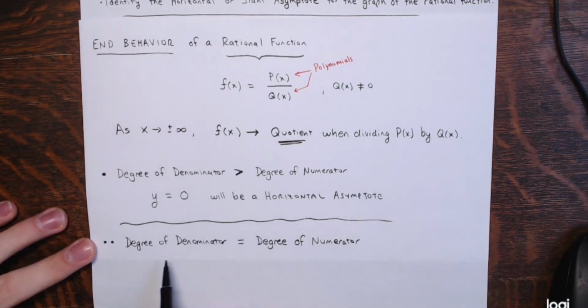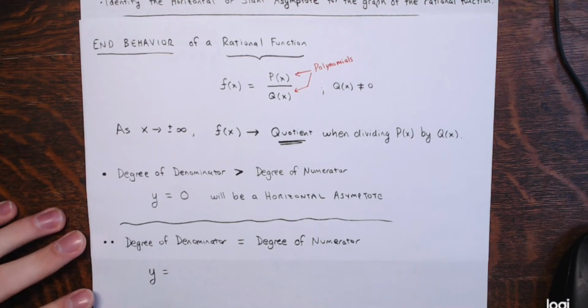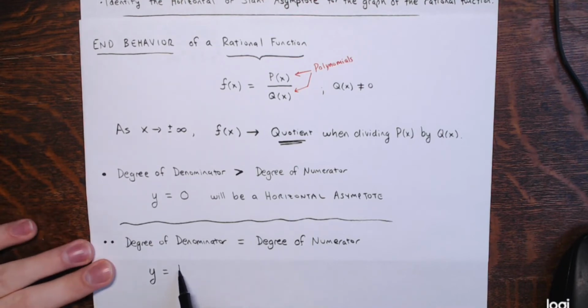If they have the same degree, the quotient will just be the ratio of the leading coefficients, which is going to be a number, no variables.